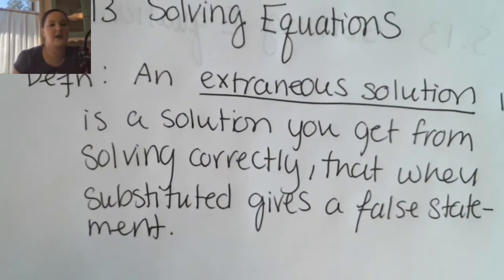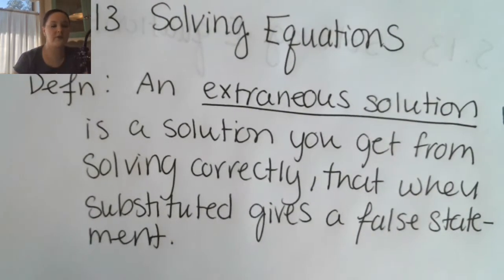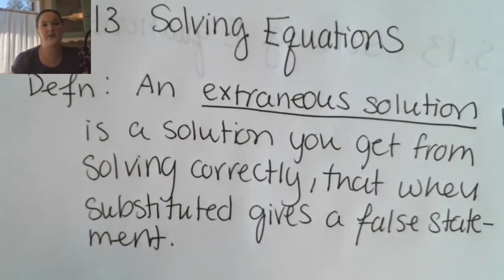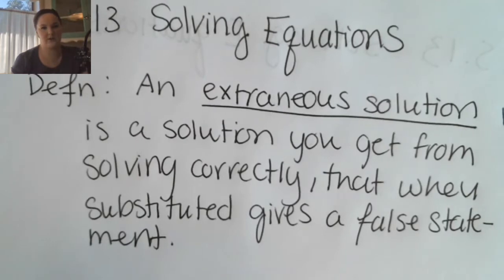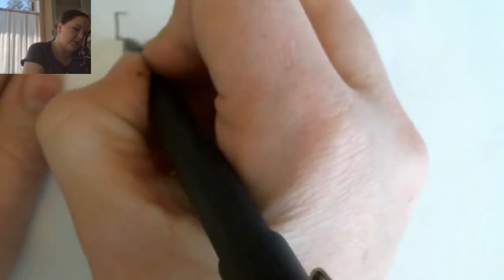So it's not coming from a mistake, it's coming from you solving correctly. But when you go to plug the solution back in, it doesn't actually work. It's not really a solution. Okay, so we're going to need this when we talk about the first type of equation that we're going to solve.